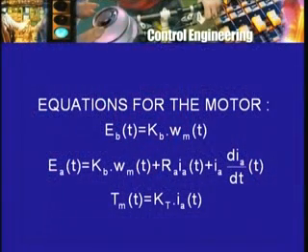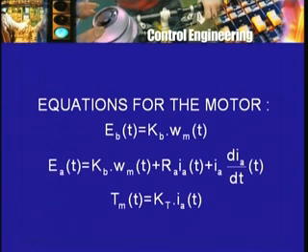So with this we would have completed writing down the equations for the motor, and let's look at them all together once again. The back EMF equation for the motor is Eb equal to Kb into omega m. Both of them may be varying with time. So Eb of t equal to Kb into omega m of t.